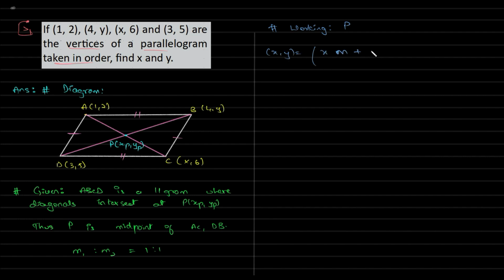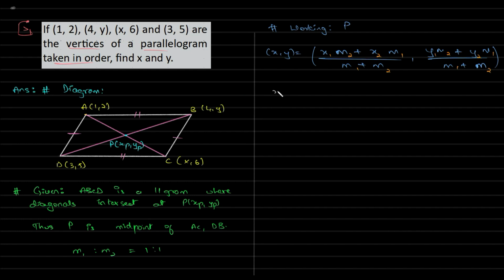XM plus XM divided by M plus M, YM plus YM divided by M plus M. So we have the points 1, 2 and so on. So all we have to do is find XP and YP. Once you do that, then you can find X and Y.